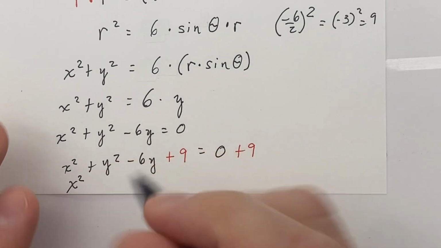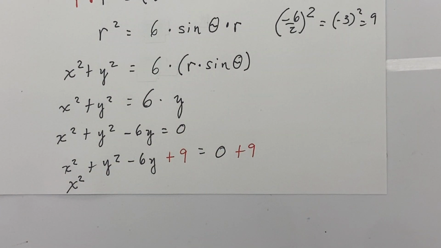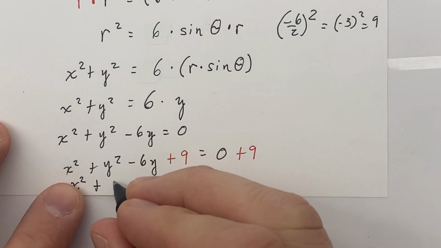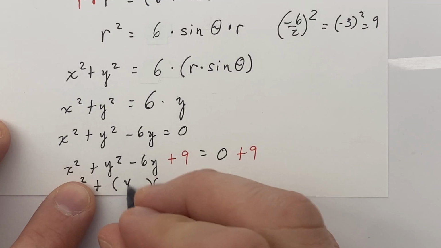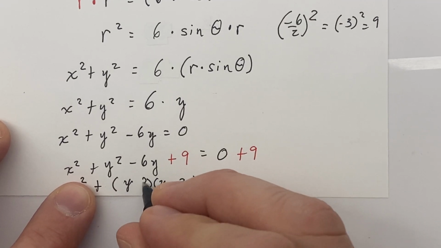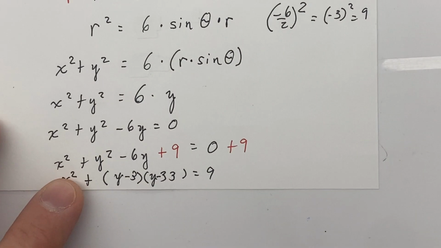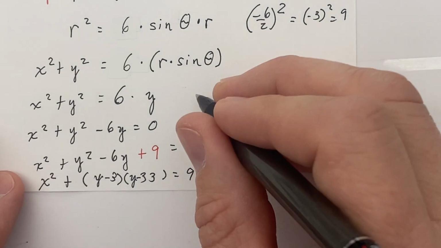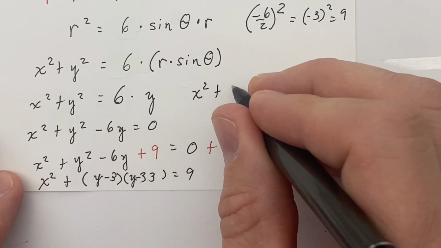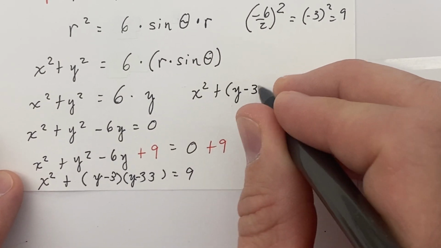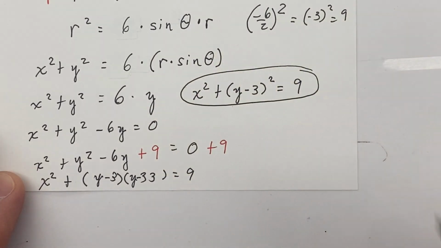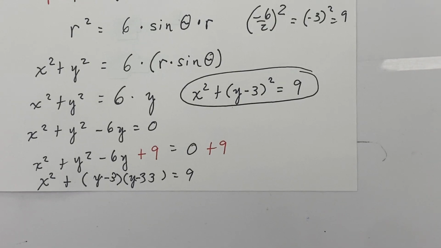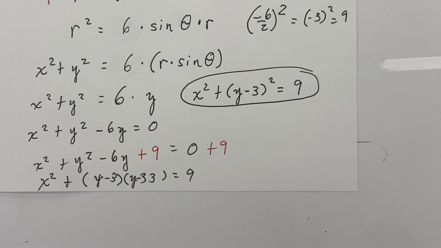The x squared doesn't have a single x, so you can leave that as x squared. This one does factor: y minus 3, y minus 3. And in a very ugly fashion, we'll write it over here on the right. And there it is. X squared plus y minus 3, quantity squared equals 9.